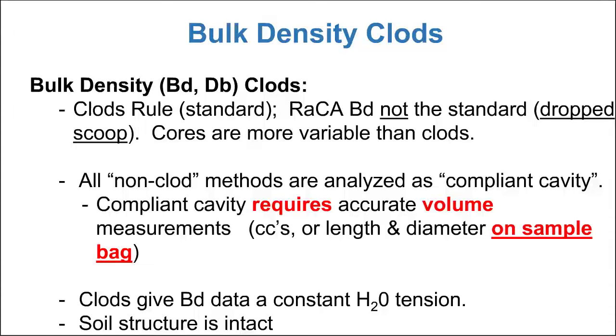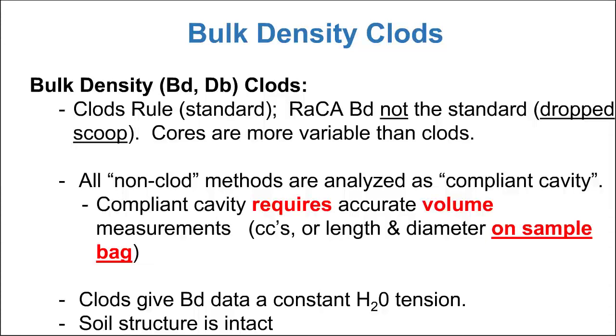The cores are more variable, and it puts more of a burden on you in the field to make sure that you have the volume right. Small volume differences are important in these methods. And when they come to us, we have clods, cores, and compliant cavity.